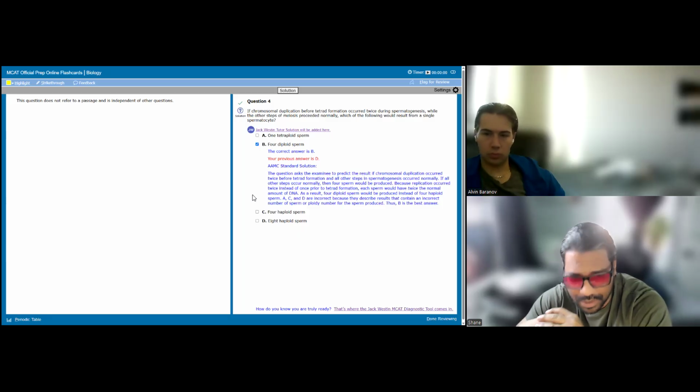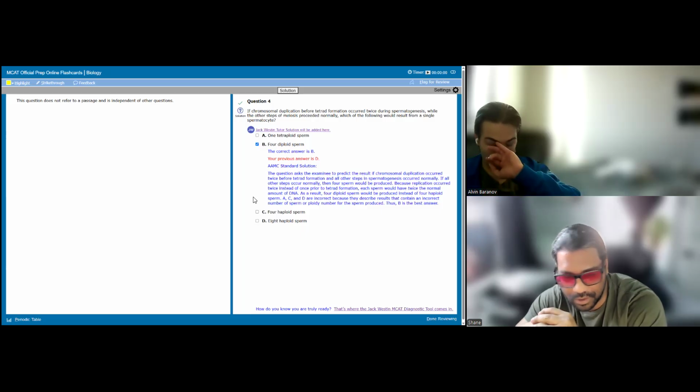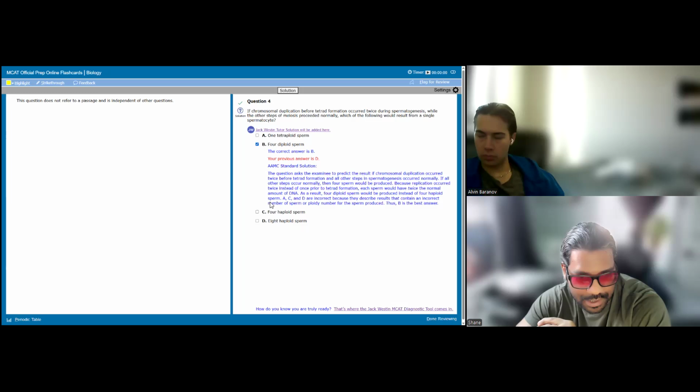If all the other steps occur normally, then it'll produce four sperm. But since replication happened twice, each sperm will have twice the normal amount of DNA, hence four diploid sperm. That's really it.